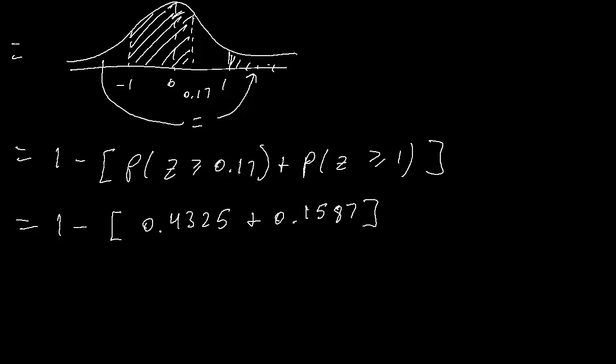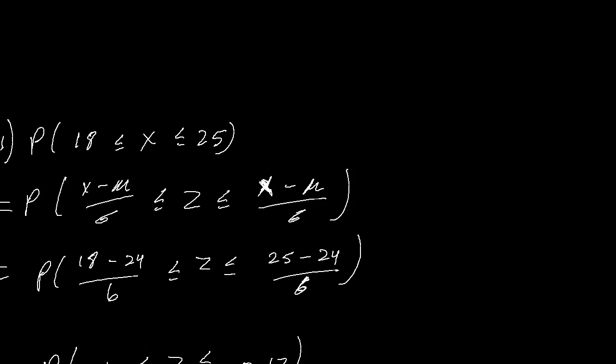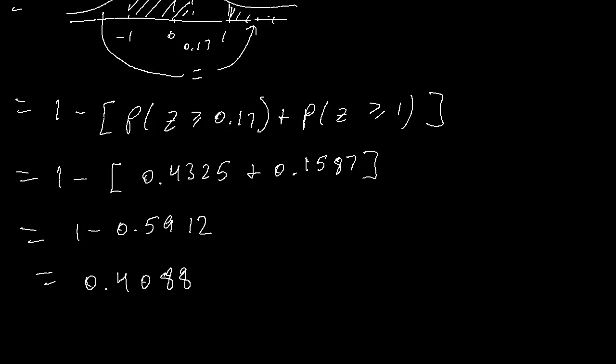And that would be 1 minus 0.5912, which is equal to 0.4088. So the probability of x lying between 18 and 25 is exactly equal to 0.4088 or 40.88%.